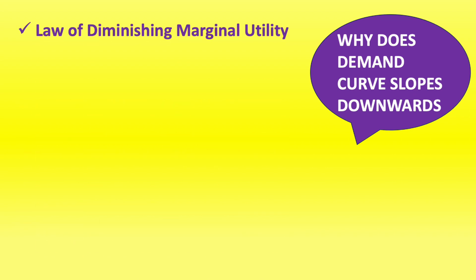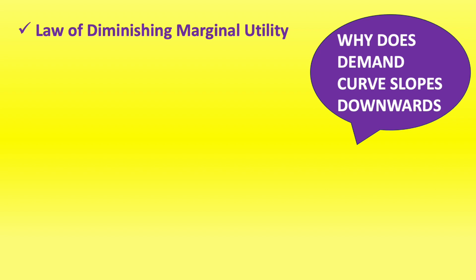So the first point which supports the theory is the law of diminishing marginal utility, and this concept was given by Professor Alfred Marshall. He tells that as the consumer has more and more of a commodity, its marginal utility to him goes on declining. That is, if a consumer is consuming more and more of a commodity, his satisfaction keeps on declining.